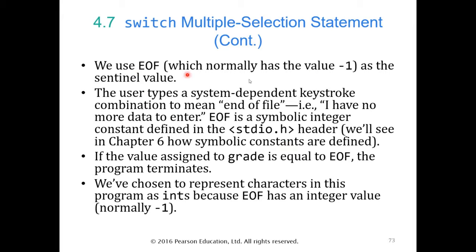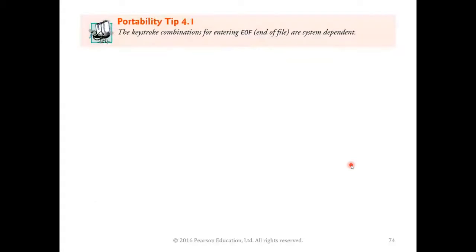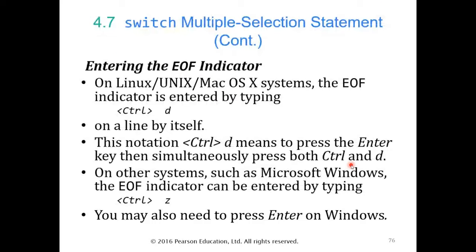So preferably use that, not -1. And this part is telling you that the end of file indicator on Unix and Macs is Control plus D, whereas on Microsoft Windows it's Control plus Z. So it differs between Windows and other operating systems.